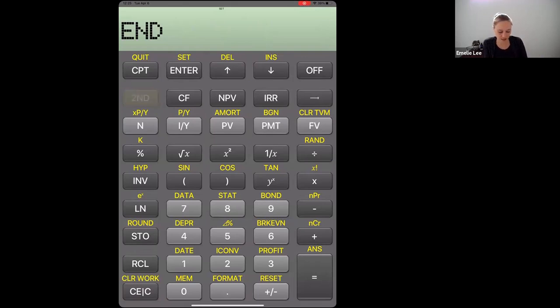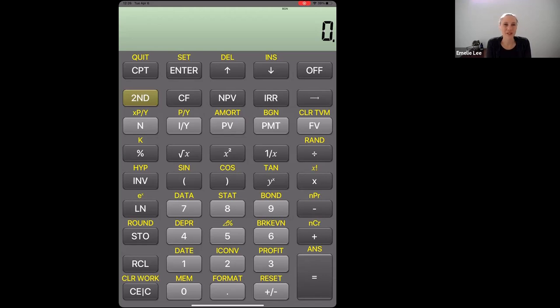But if we go second, set, it'll change it to the begin. So now notice it says BGN up at the very top. I don't have a pointer on the screen, but we circled it earlier. So now if I go second, quit, then I'm out of that menu and it's still in begin mode. This is like the one time our calculator tells us what's going on behind the scenes. It's kind of nice.